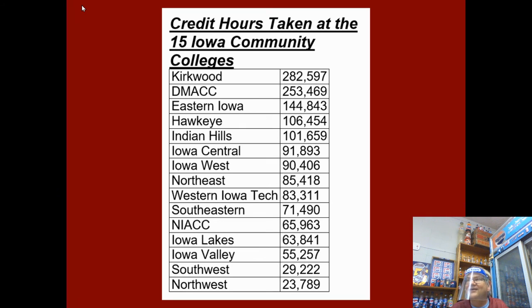Do you have an answer? Iowa Central, I'm pretty sure, is right. Because what you've got to do is, first of all, figure out that 60% of 15 is 9 schools. So that means there's got to be 9 schools below the one we care about, which means the one we care about is going to be the next one up. And Iowa Western is the 9th from the bottom, so Iowa Central would be the one we want. Everybody see what I'm doing to come up with those?